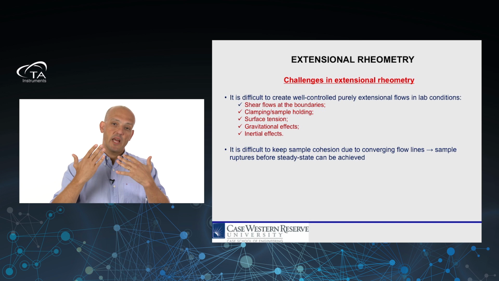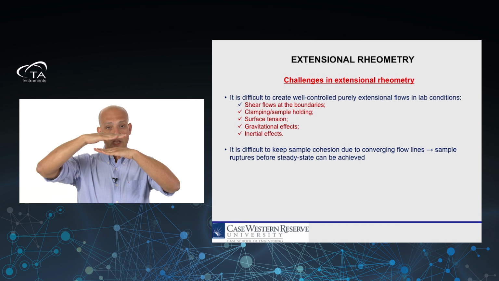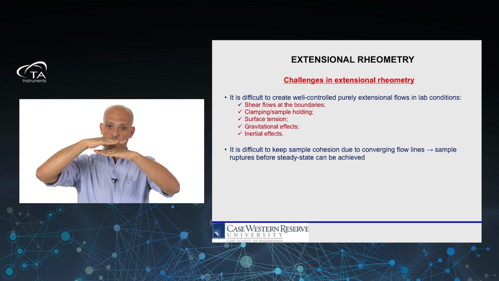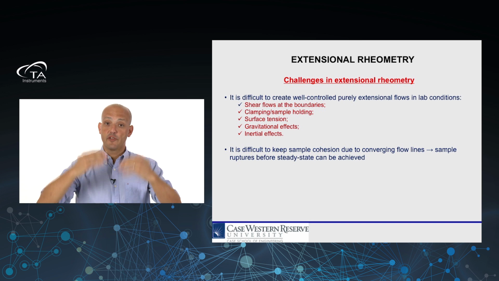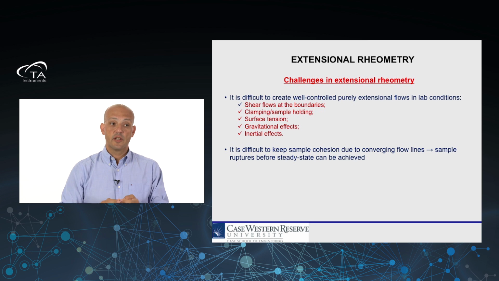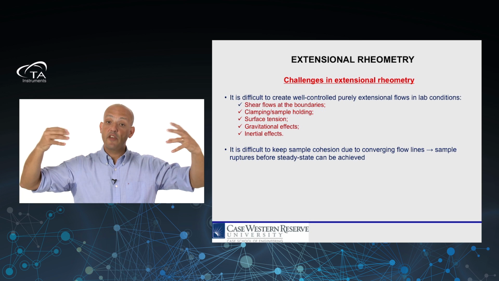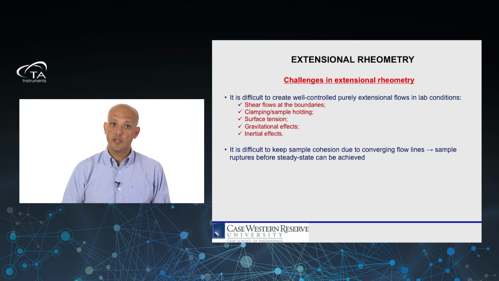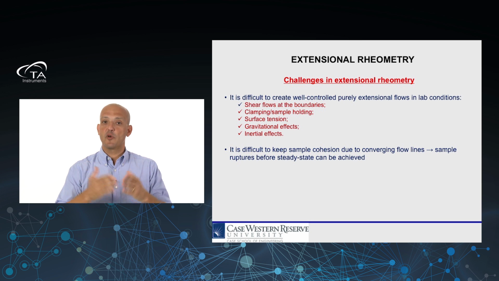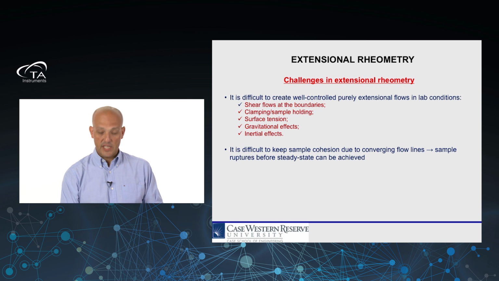So for example, if you're applying a shear flow, if you have flow between parallel plates, as long as your material is stable enough, you can shear, and you can shear for as long as necessary to achieve steady state and get a proper viscosity measurement. Here, because of the converging flow lines, as we stretch the material, eventually we're going to run out of material typically before the steady state can be achieved. And that's why we plot these transient curves.